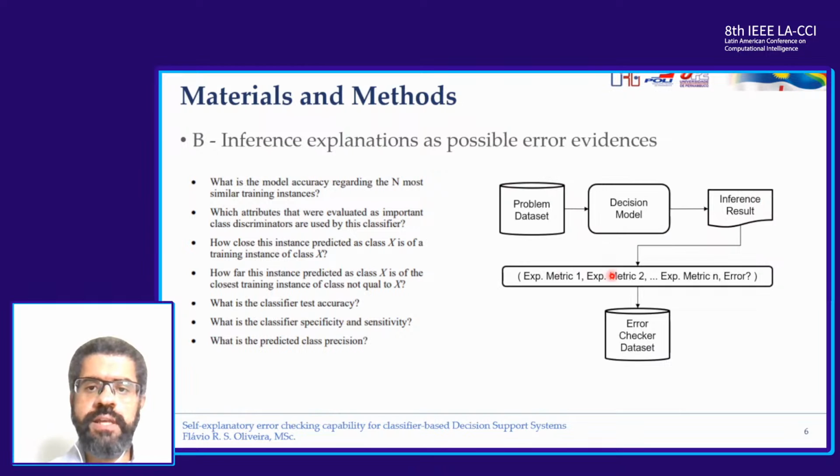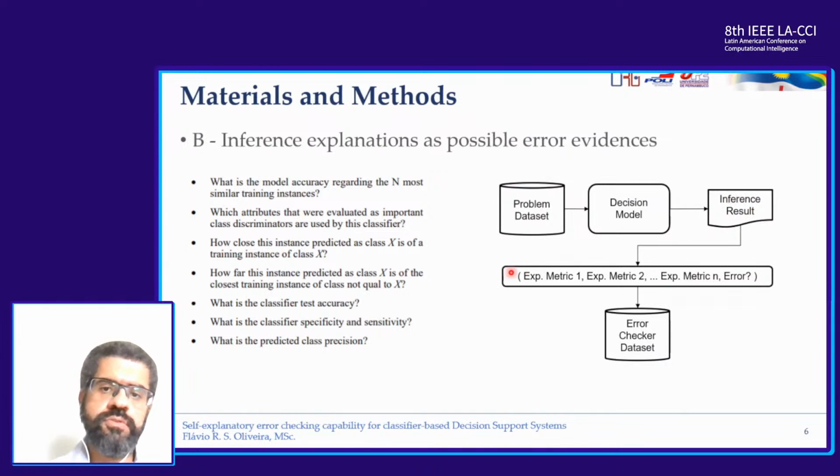The value of the explanatory metrics, for example, the answer for some of these questions which are, of course, relevant to a specific problem, and all these metrics will be considered, of course, independent variables, and the dependent variable will be if this inference was an error or not.